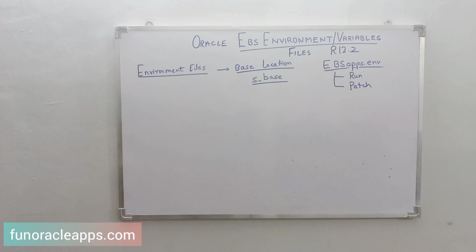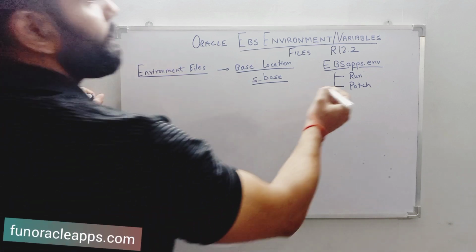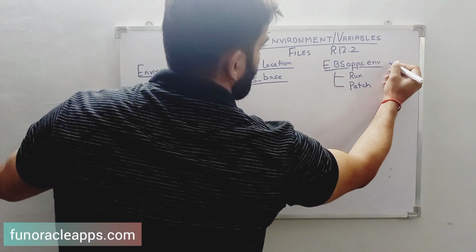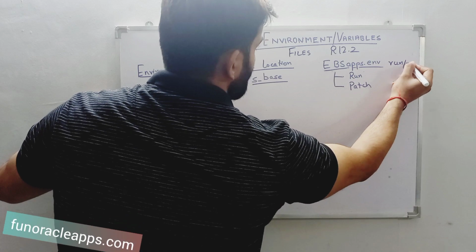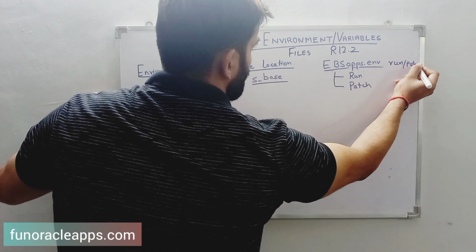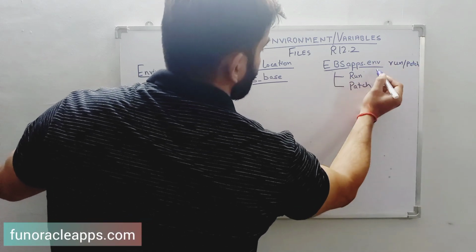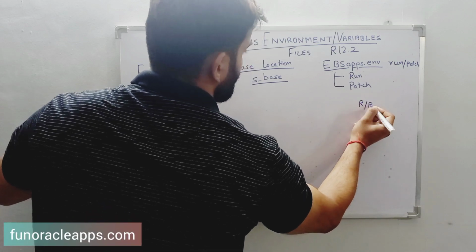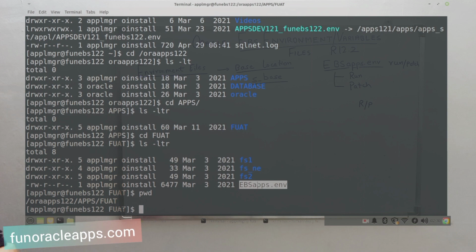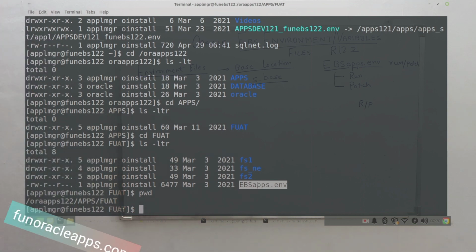So how do we source using this file? Simply, you either give it as a command line option, run or patch, or just call this file and it will prompt you to give either run or patch. Let's see how.